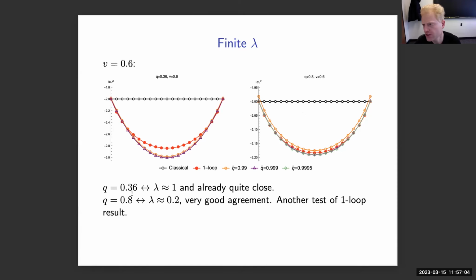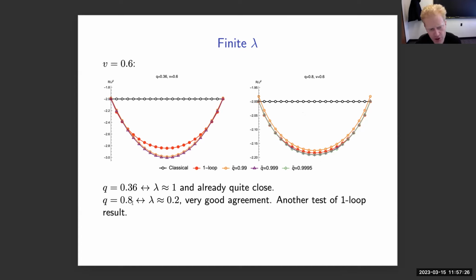Again, they're related: q is e to the minus lambda. The first plot is for q equals 0.36, which is lambda close to 1. Of course, lambda close to 1 is not very small, but you see already here that the one loop, which is the expansion in small lambda, is still not that far from the actual numerical result.